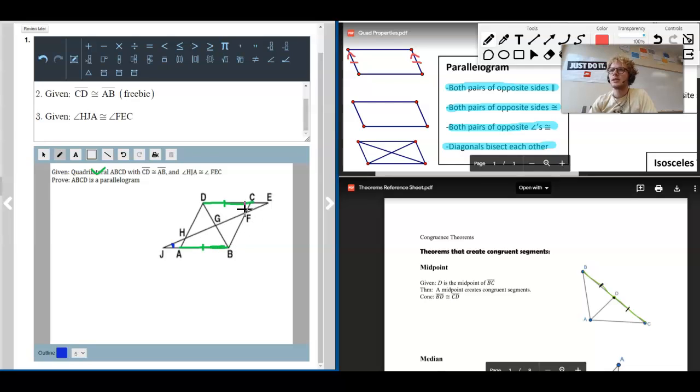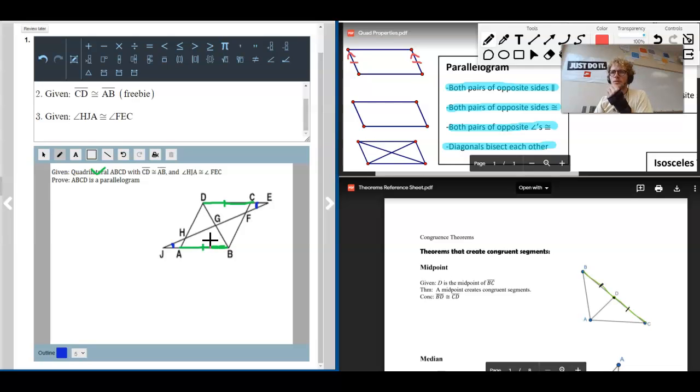And let's see, FEC. That's talking about this angle right here. Okay? So, you should be looking at that, and as soon as you draw that, you should see this Z shape. Okay? See the Z shape, and you know that it's going to be alternate interior angles. Alternate interior angles, big thing of this whole unit.